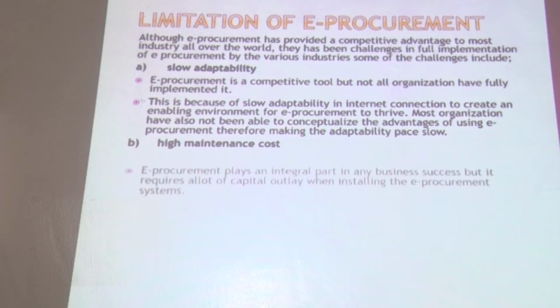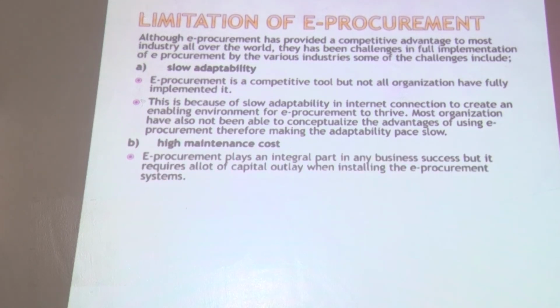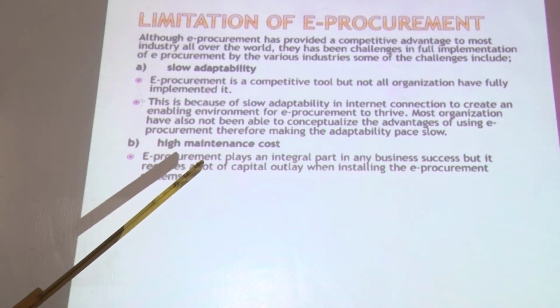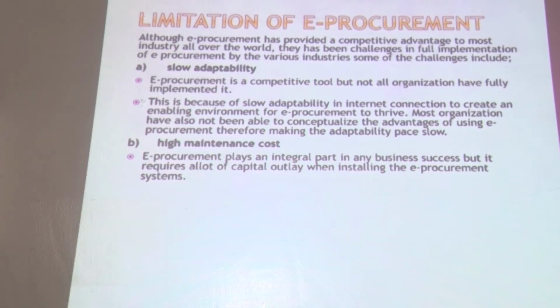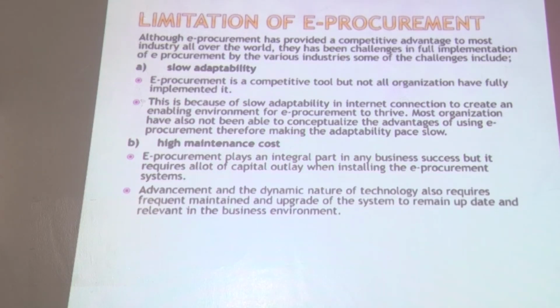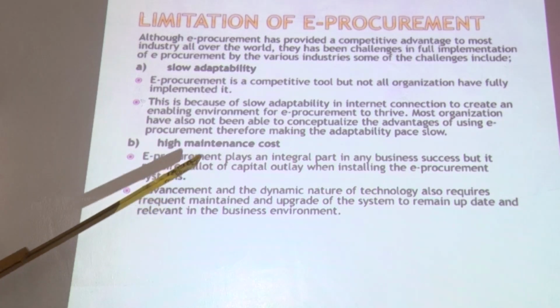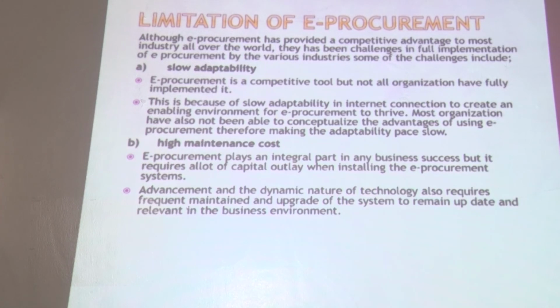The other one is high maintenance cost. You realize the initial cost of coming up with a system is very expensive, and after coming up with the system, the next thing that you must do is to maintain the system. So that one attracts what is called maintenance cost, and some companies don't want to embrace the system because they believe when they bring that system on board, it is going to increase their maintenance cost.